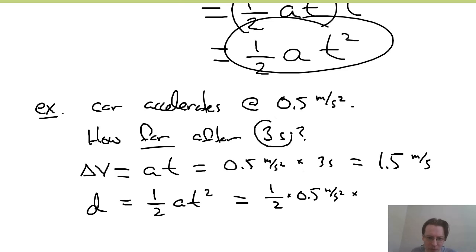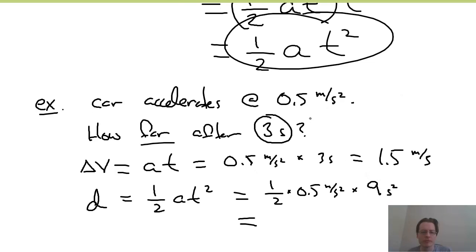Not just the time, but the square of the time, which is 9 seconds squared. 3 seconds times 3 seconds is 9 seconds squared. And that gives me a distance, which is a half times a half, that's a quarter, times 9, which is 2.25 meters. That's how far it's actually gone.